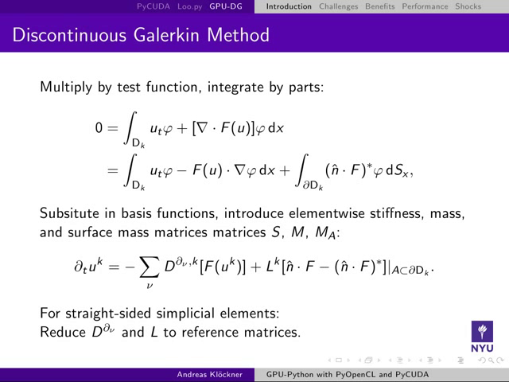Okay. So once we've done that, we're done with formulating the variational formulation of the problem. Then we do the Galerkin thing. We substitute the basis functions and introduce element-wise matrices. When we do that, it turns out this inner product here that we get for the time derivative is a mass matrix.